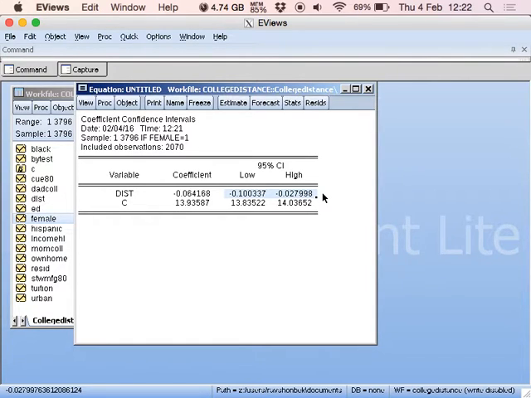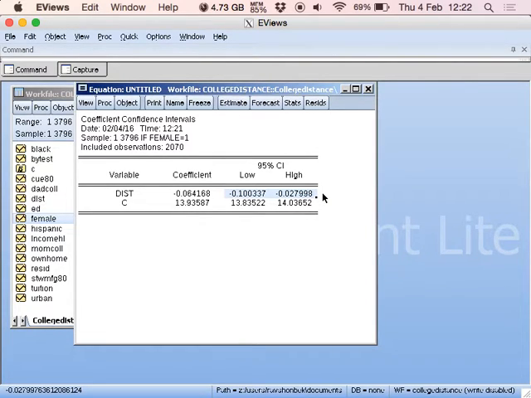Let's say you run the regression 100 times with different samples. You get a distribution of betas. Every time you get a couple of betas, one for the coefficient of distance. You take the distance coefficients and look at their relative frequency, which gives us a density.